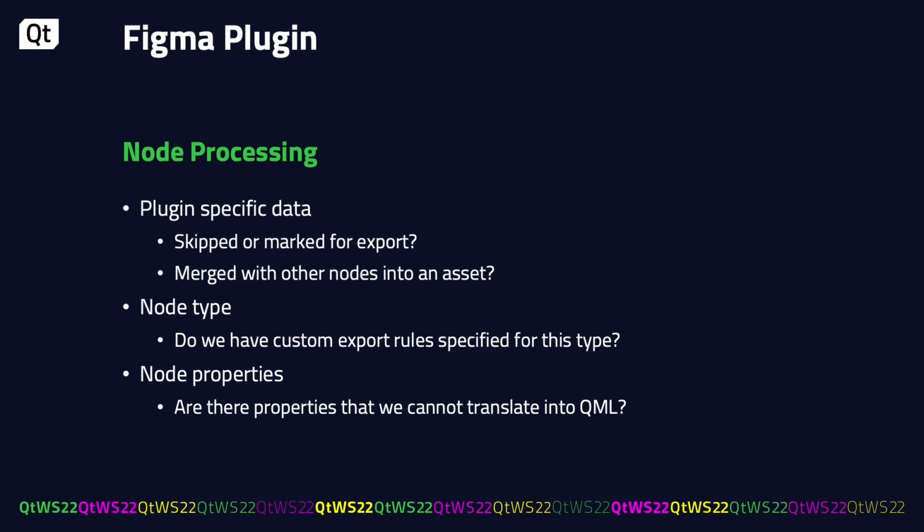We introduce support for more types, so hopefully we will have to fall back to rasterizing less and less items. Most recently, we improved support for such Figma types as ellipse, arc, and pie. We came up with the idea of using the Studio Components arc item for them. So now, instead of rasterizing all arcs and gauges, we attempt to generate a dynamic animatable QML item.